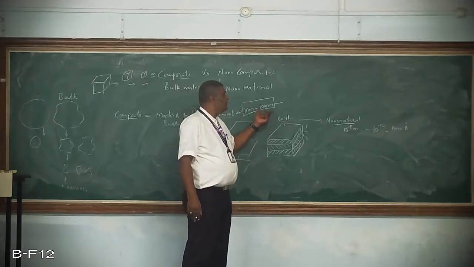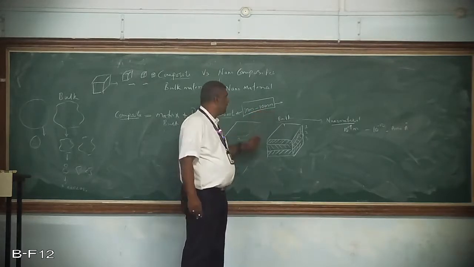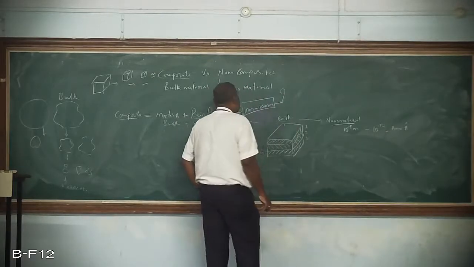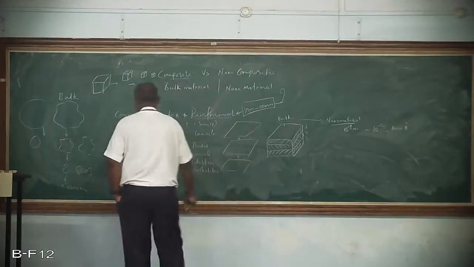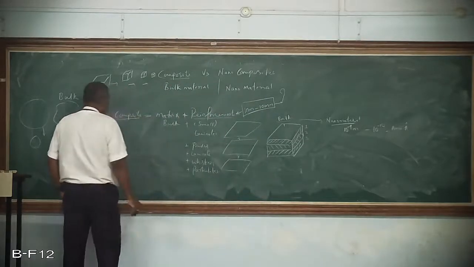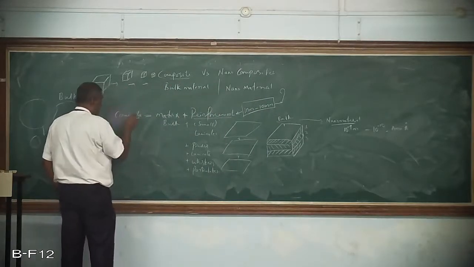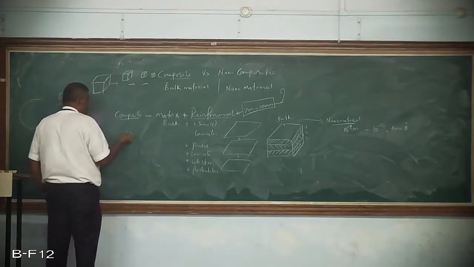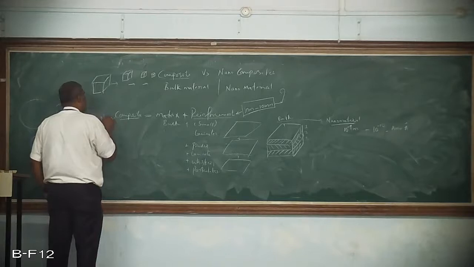But the process is not that easy. Our main focus is on getting products of nano size particles. Now this is the composite material, and when we use 10 to the power of -9 or 10 to the power of -7, then it is called a nano composite.